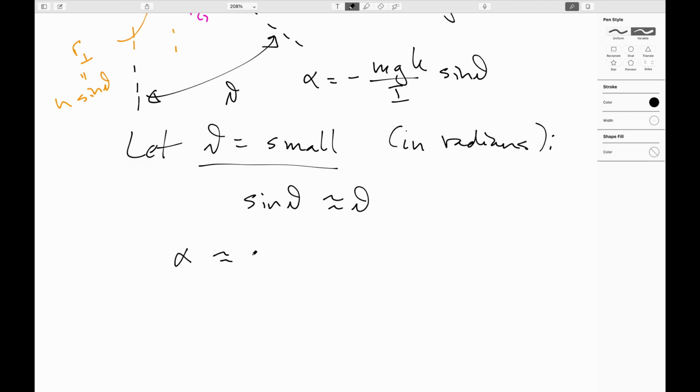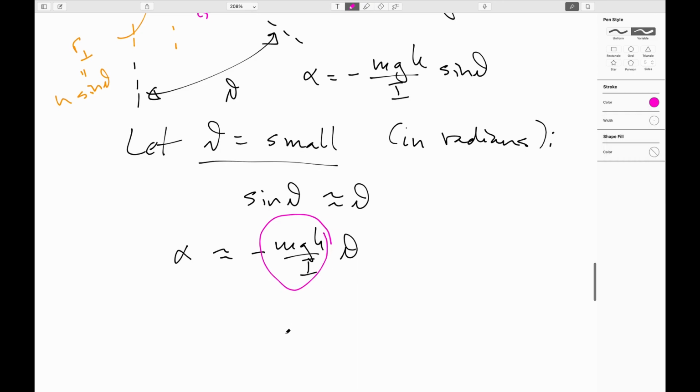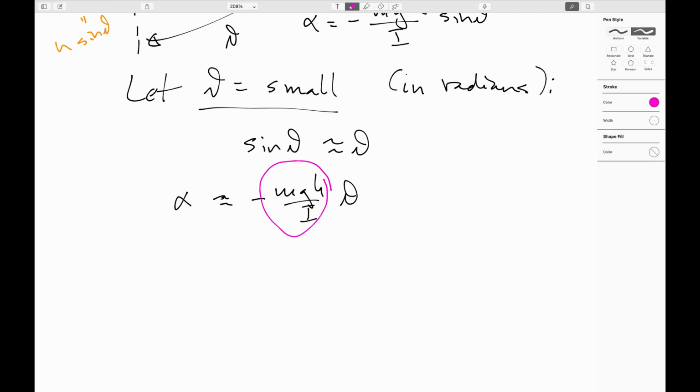So we can say that alpha is now approximately minus mgh over I theta, and oh hey, that does fit our prototype situation. If I look at that, I get that this is a simple harmonic oscillator, and this would have to be 2 pi f squared. So we can solve for that.